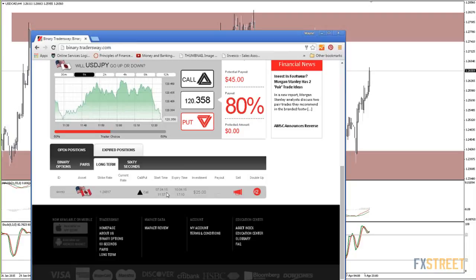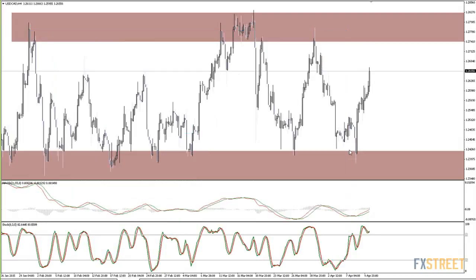Sorry, April 7th. 3 days ago, we were at support. I don't know. That's what we do, right? That's our job, right? Buy at support, sell at resistance.